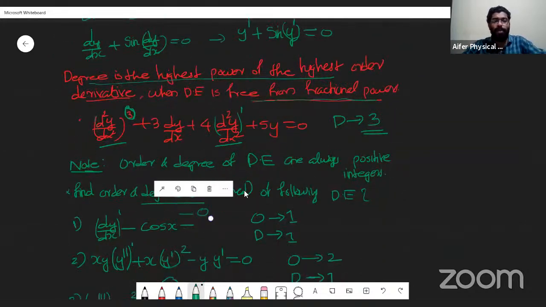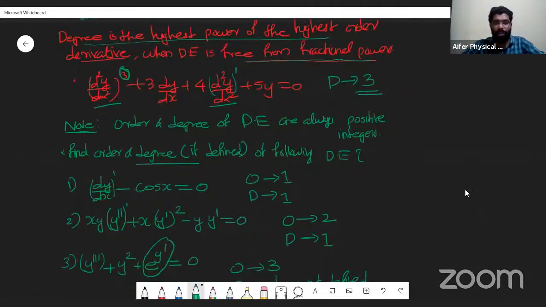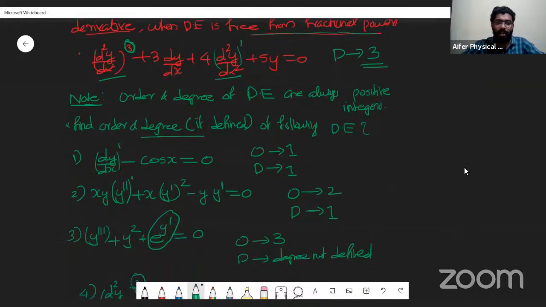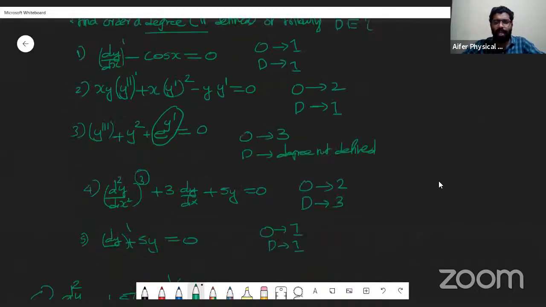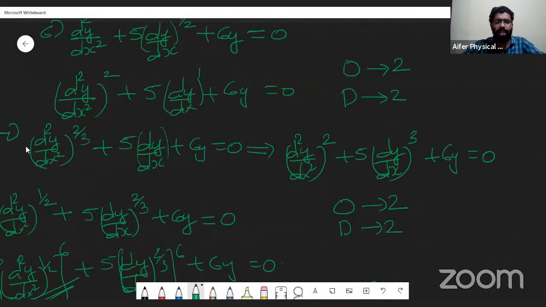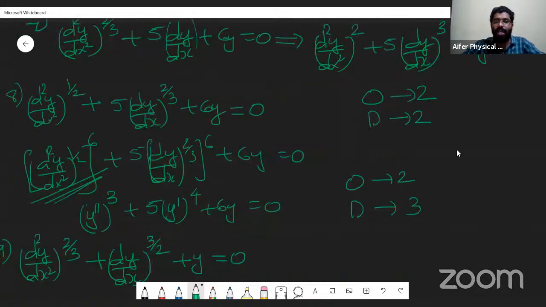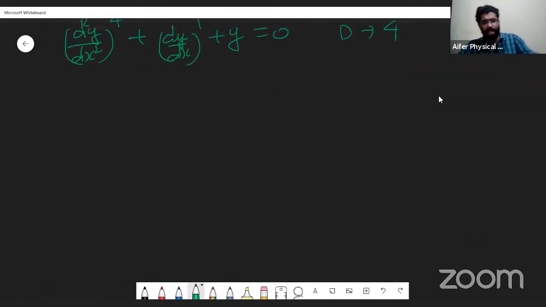To define the degree, the differential equation should be a polynomial in the derivatives. If the powers are fractions, simplify the differential equation without any fractions, then solve, and you will get the order and the degree of the differential equation.